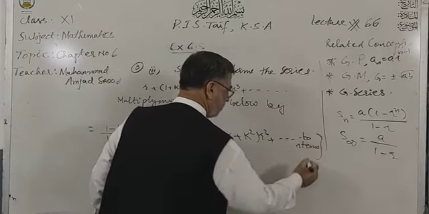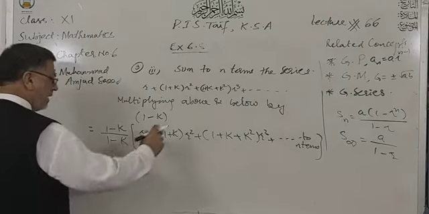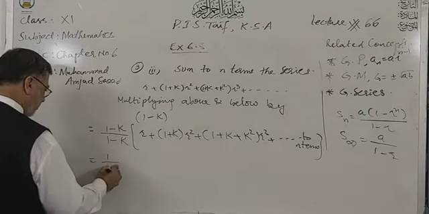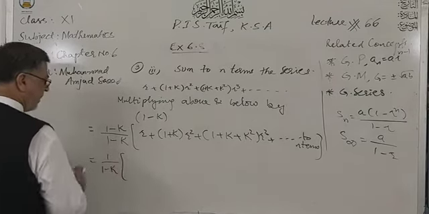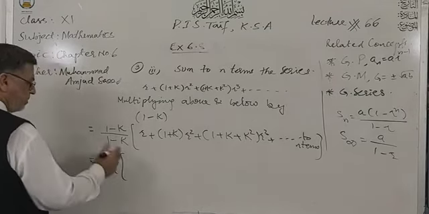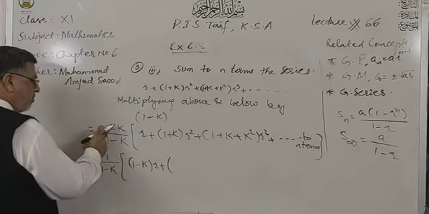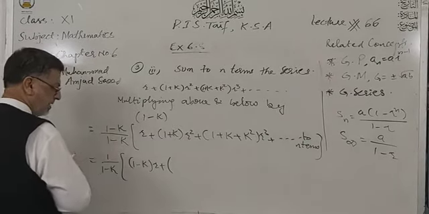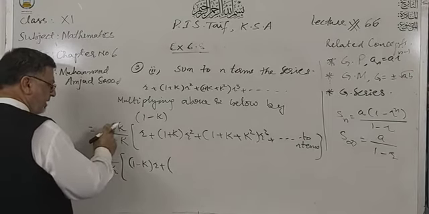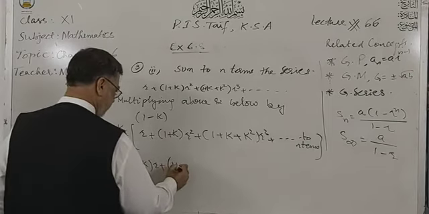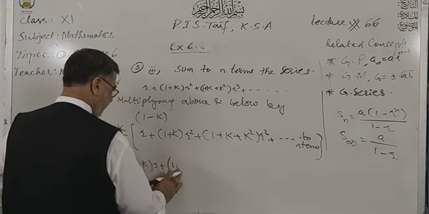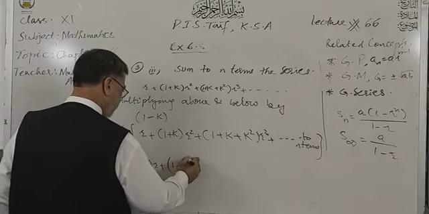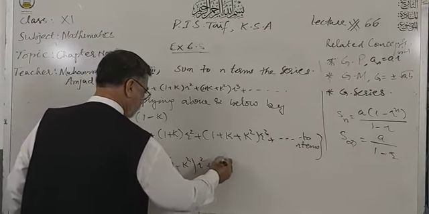Now take this 1 minus k inside the bracket and we have 1 over 1 minus k into (1 minus k) r plus (1 minus k)(1 plus k), that will be 1 minus k squared into r squared.